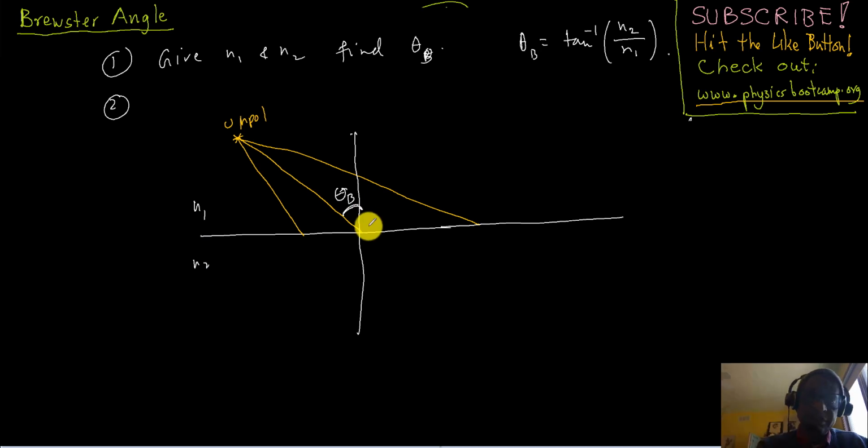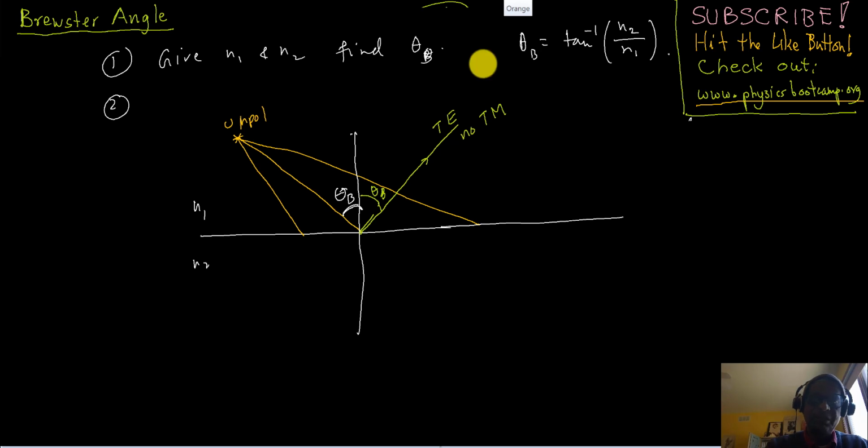So when this reflects at theta b, angle of incidence equals angle of reflection, over here there's no transverse magnetic, right? Because if you remember from the earlier discussion, this will be just transverse electric. What does transverse electric mean?